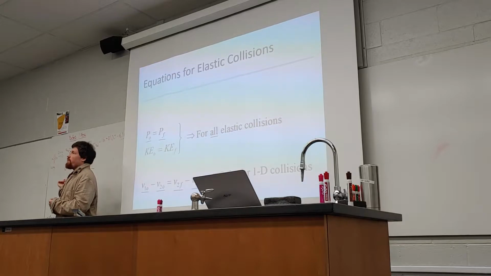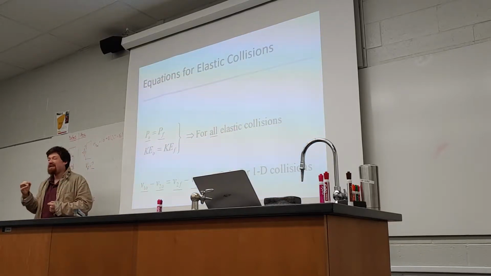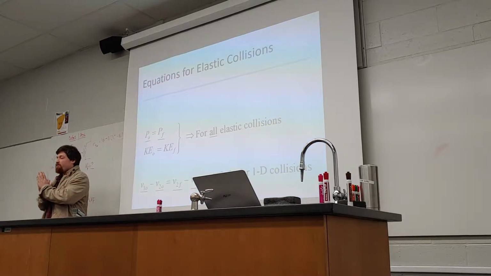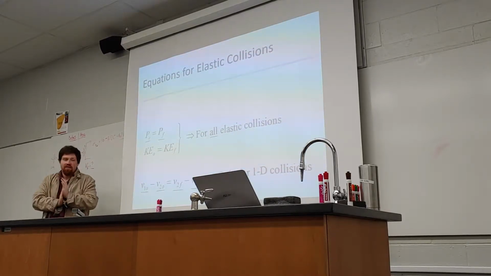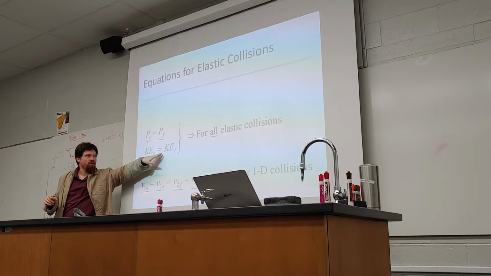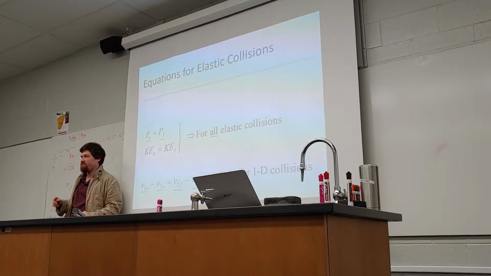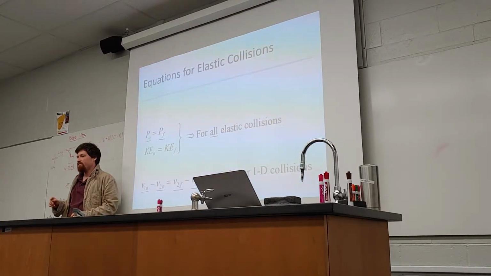But if the collision is elastic, I keep stumbling over my words today, I'm sorry, you can also start with this equation: the total kinetic energy initial must be the same as the total kinetic energy final.